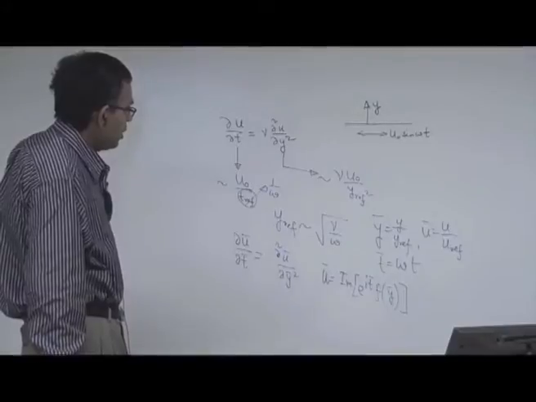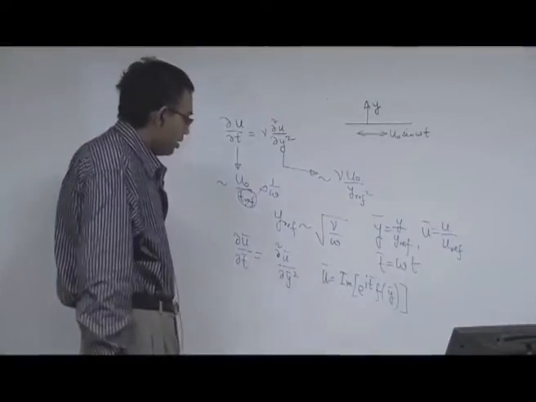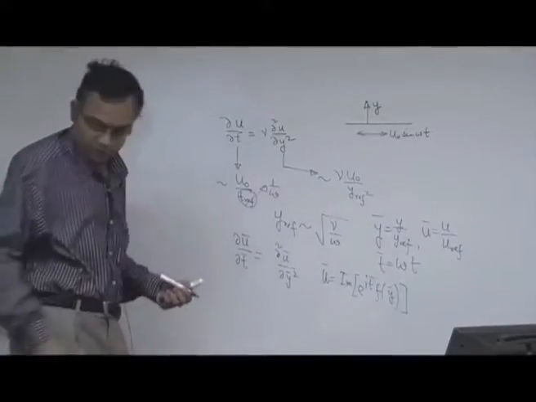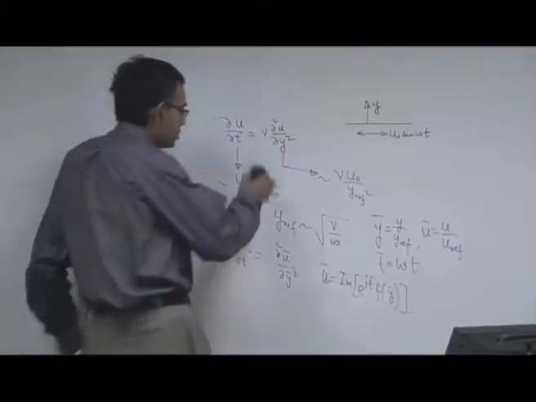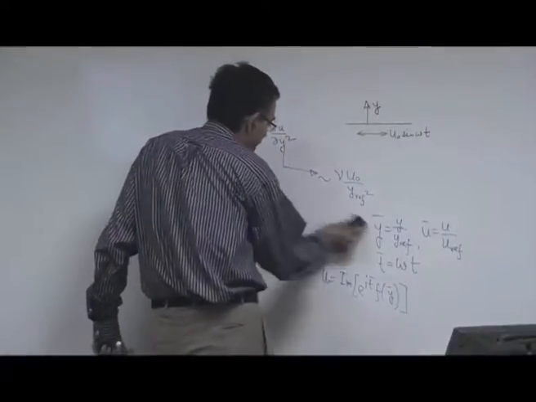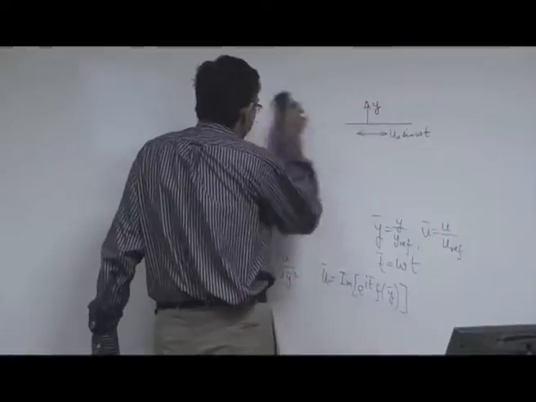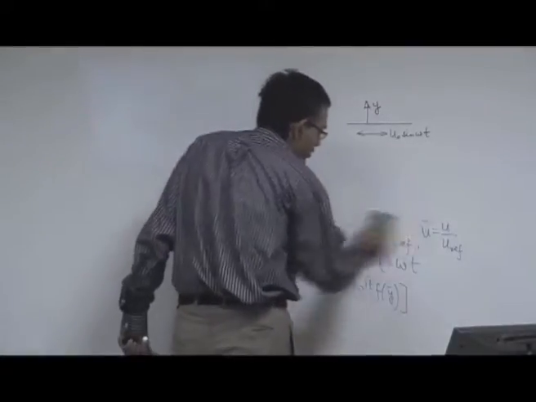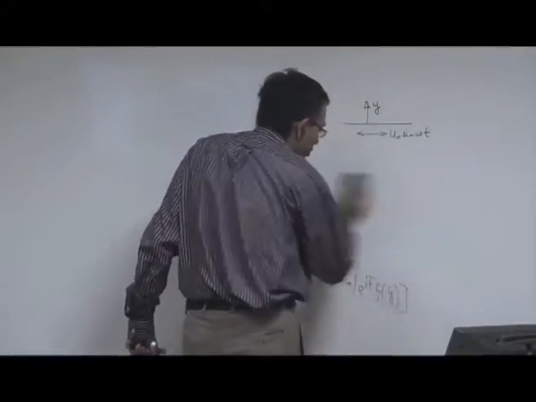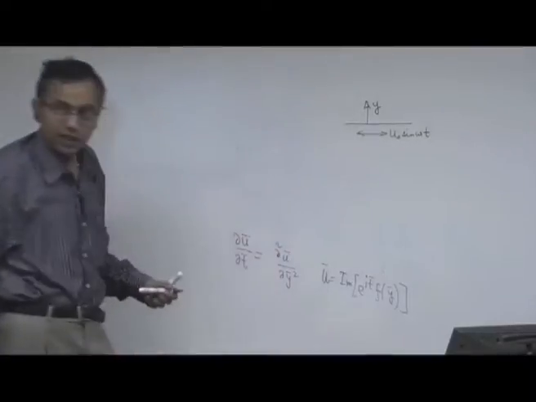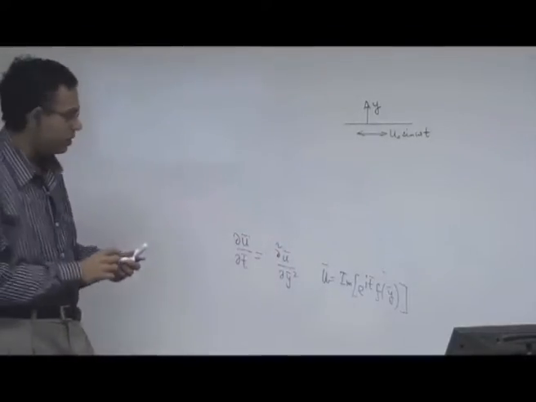Now, let us substitute the solutions. Just to make the writing easy, we will not write imaginary all the time, but we will assume that we are taking the imaginary component of the solution.